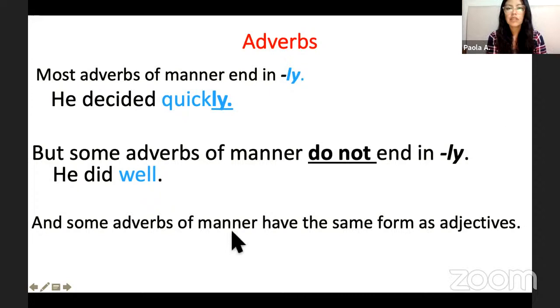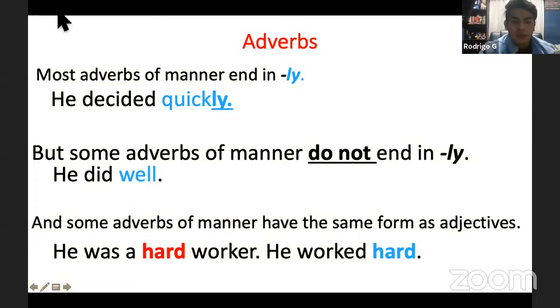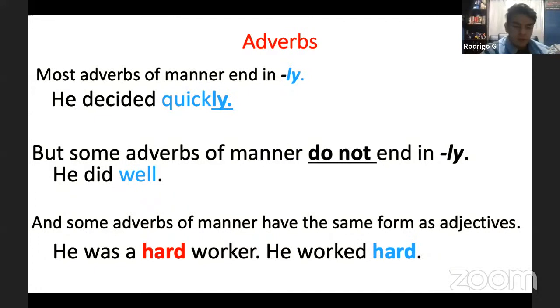And some adverbs of manner have the same form as adjectives, just some of them. Let's read this example, Rodrigo. He was a hard worker. He worked hard. Excellent. So in the first sentence, what is this word describing, Rodrigo? Hard. Yes. What is hard describing in this first sentence?